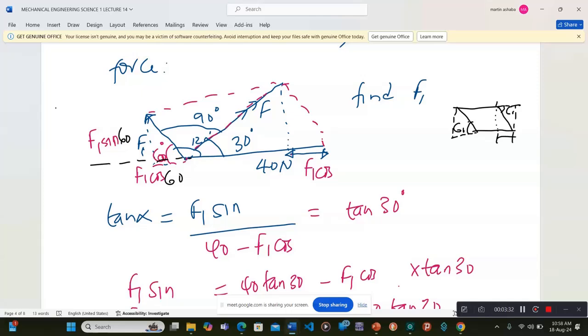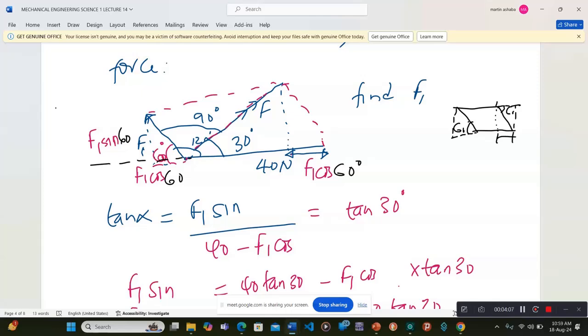So this is F1 cos 60 degrees. So we proceed. We use our formula: tan alpha will always equal the force which is up here, F1 sine of the angle it makes with now this other one.